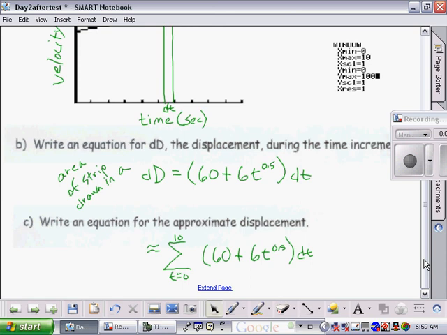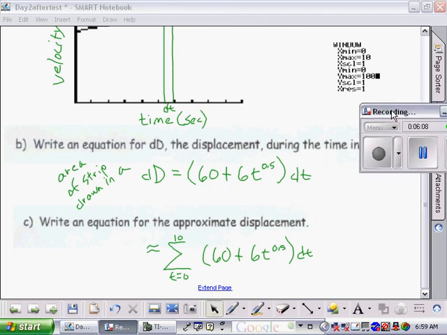So when they ask you for the exact, what do you have to change? What do you put in there for an exact area? Yes, an integral symbol. Has everybody got what you need off this page, or do I need to hold on for a second?